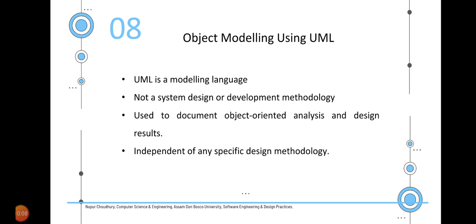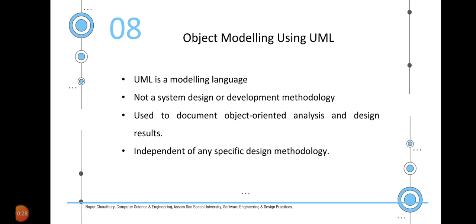So basically this object oriented development is modeled using Unified Modeling Language, which is a widely accepted standard. It is not a system design or development methodology, but it is used to document the object oriented analysis and design results.